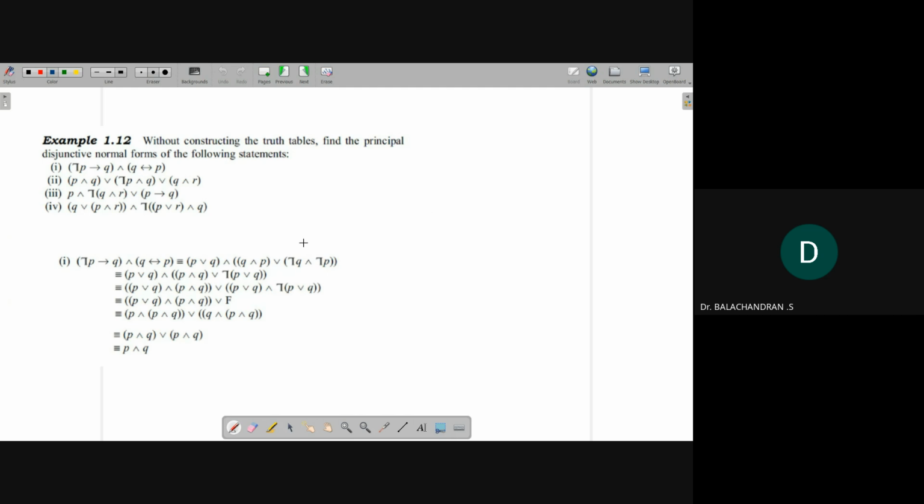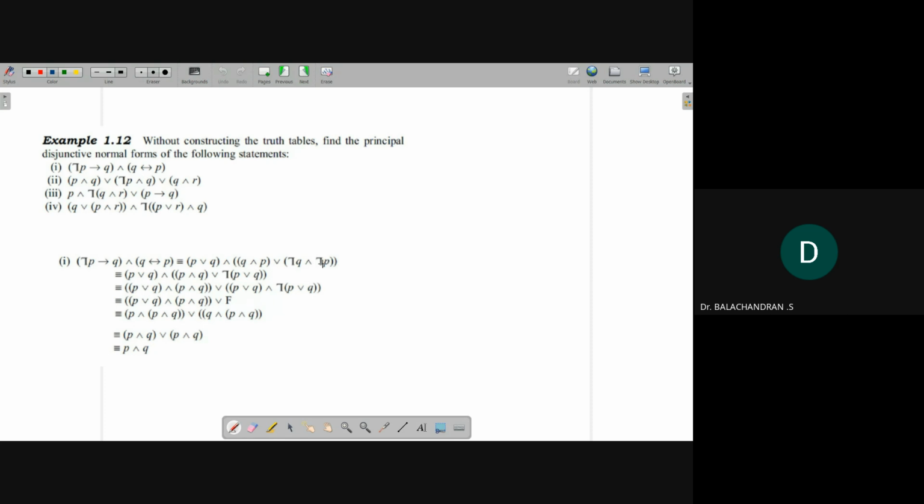Please check it. So here they are using P biconditional Q. They are using P and Q or negation Q and negation P. So if you write P implies Q and Q implies P, using that also you can derive this one, but directly also you can write.